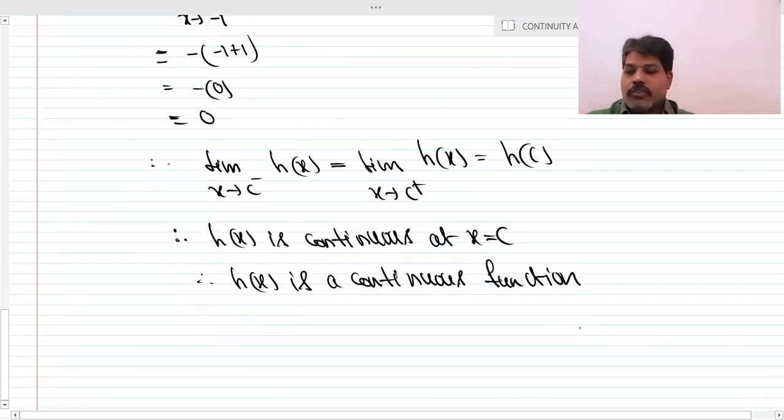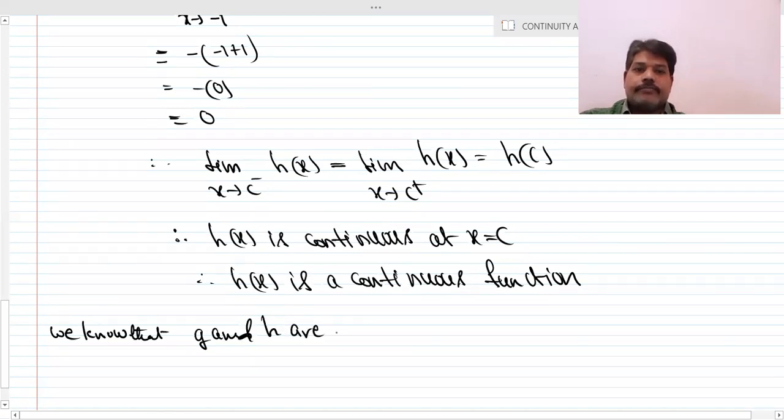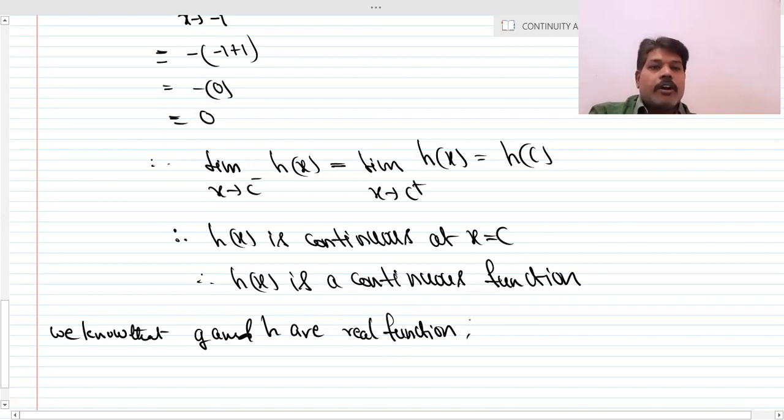So then what can we do, students? We know that g and h are real functions, and g and h are continuous functions, that is, g and h are continuous at x is equal to c.